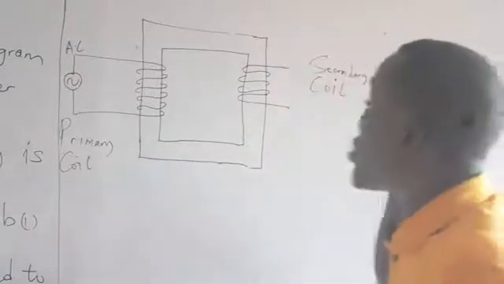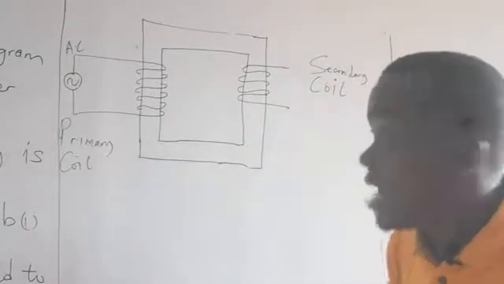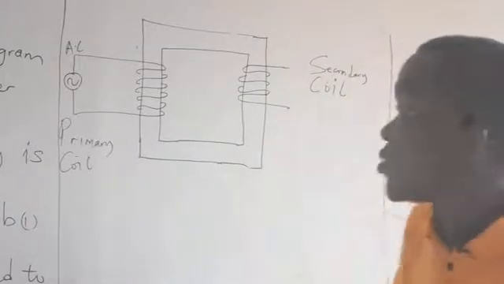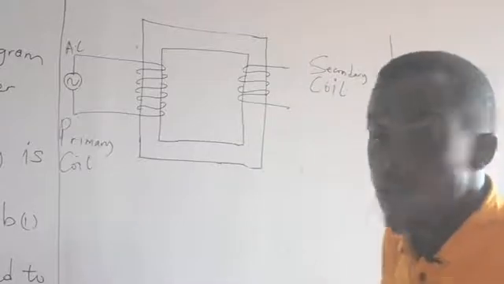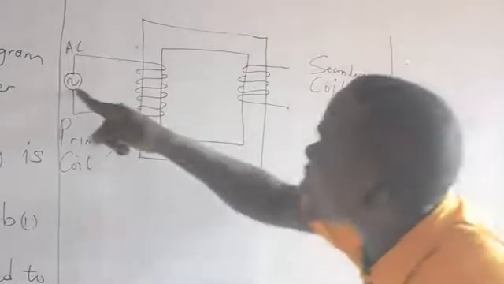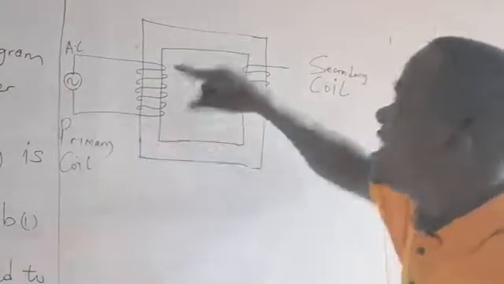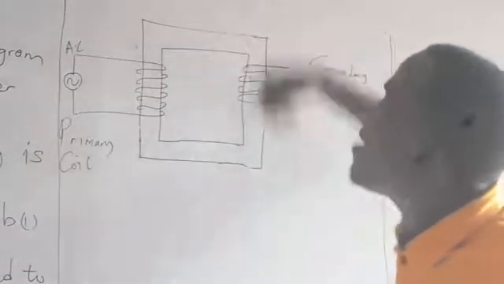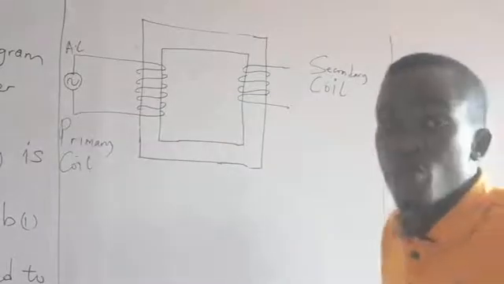If you are writing this, you should make it brief, because the spaces given on answer papers are very small. What they need from you is the source, the turns it has entered, and the induced EMF the core will induce.